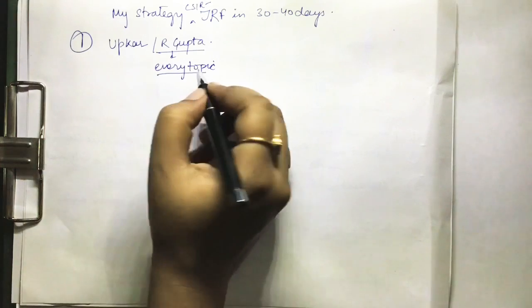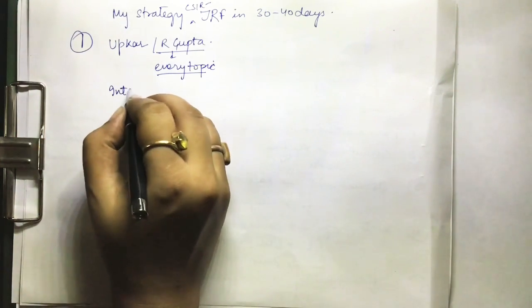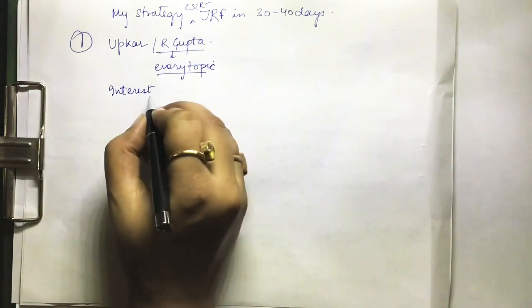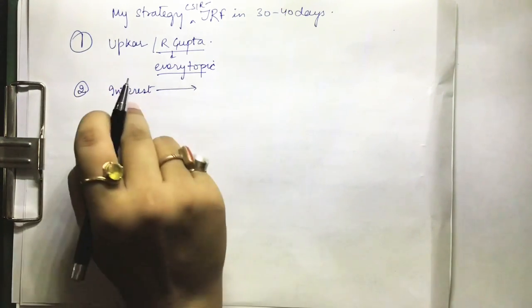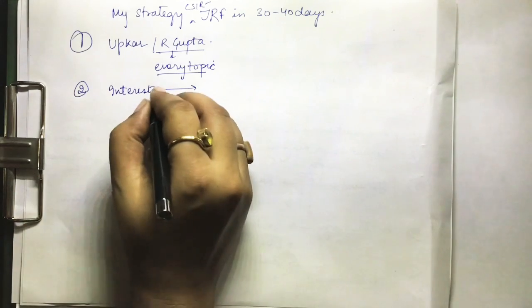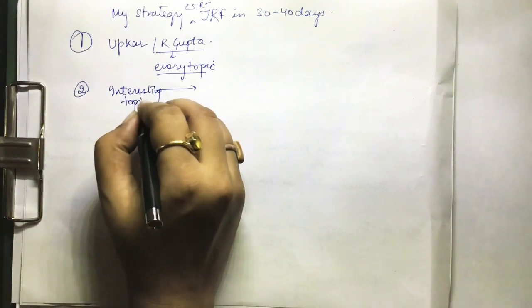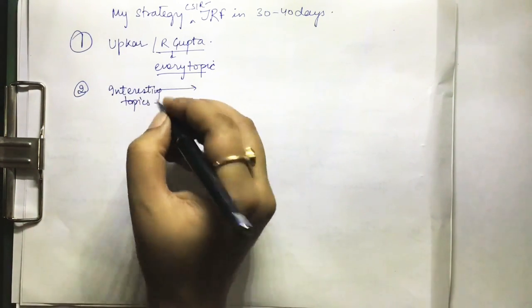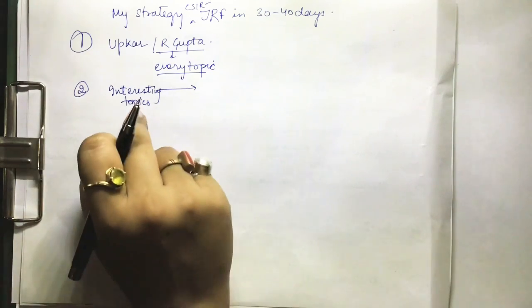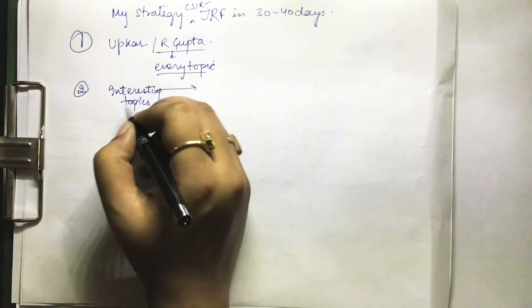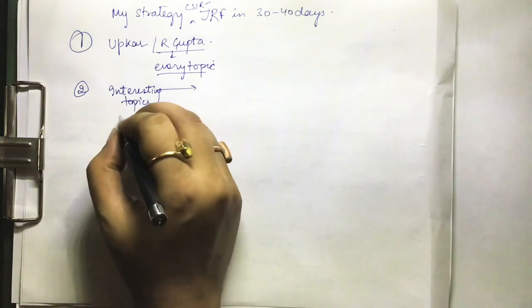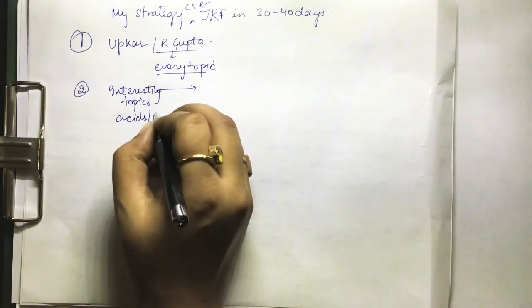Now, the topics which are of your interest, or the topics which you are comfortable with, read those topics in detail, like starting with carbocation, or starting with the concept of acids and bases.